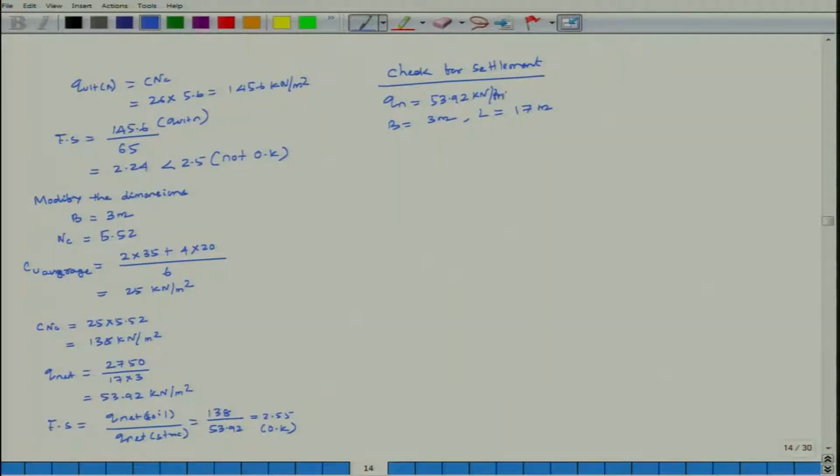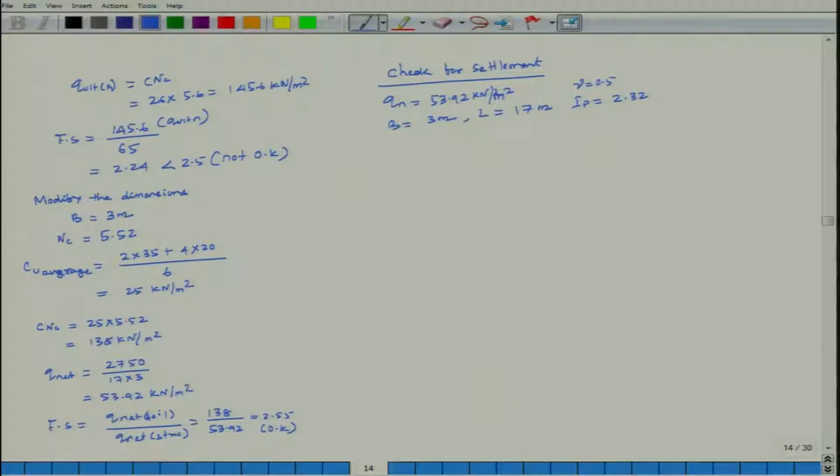kilonewton per meter square, B is equal to 3 meter, L is equal to 17 meter. Now, Poisson's ratio mu is given as 0.5, IP has been given as 2.32, that is your influence factor at the center.